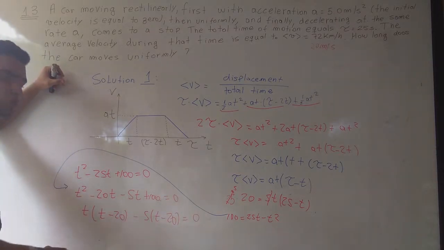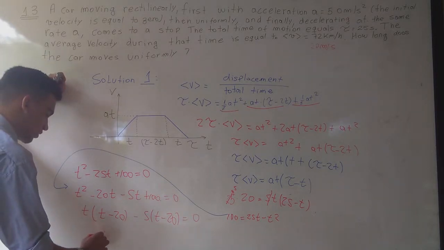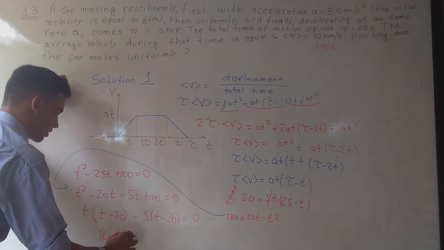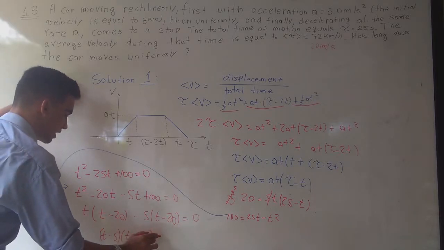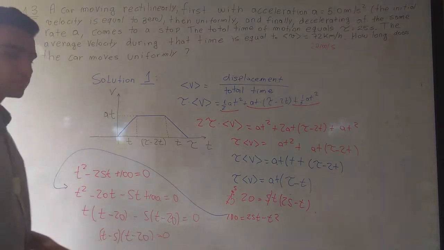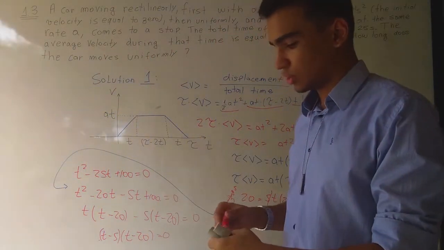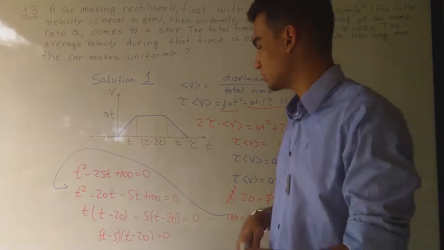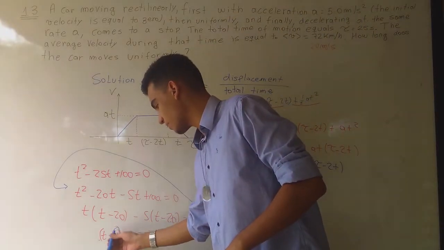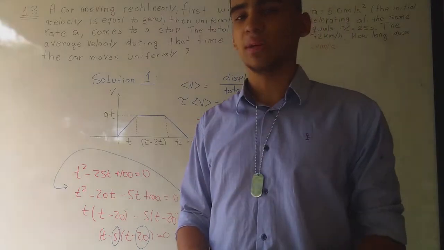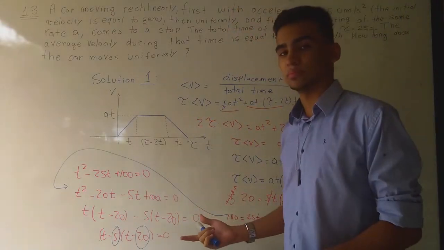And we can group again: t minus 5 multiplies t minus 20, that is equal to 0. So as you can see easily, the two roots of this equation are 5 and 20. So the 2 times are 5 and 20.